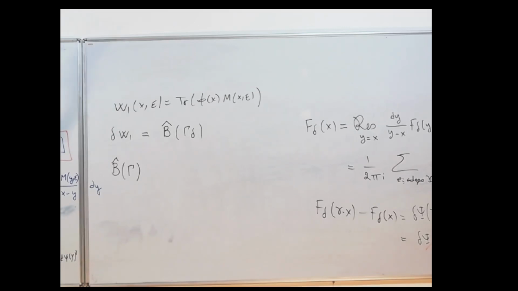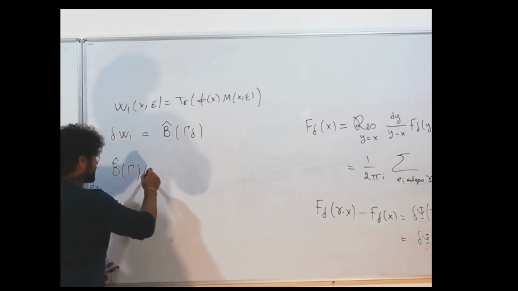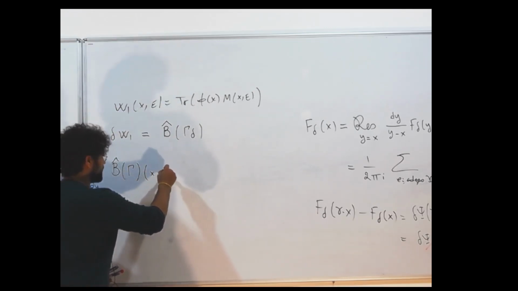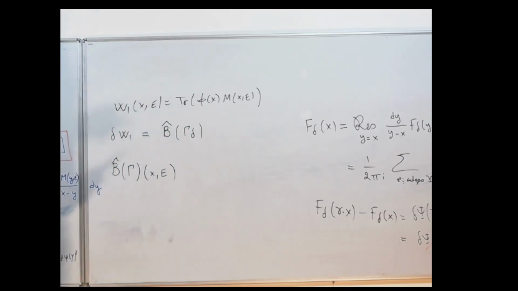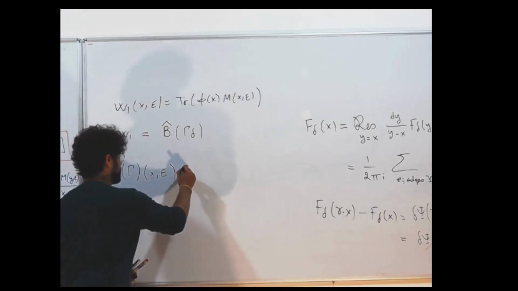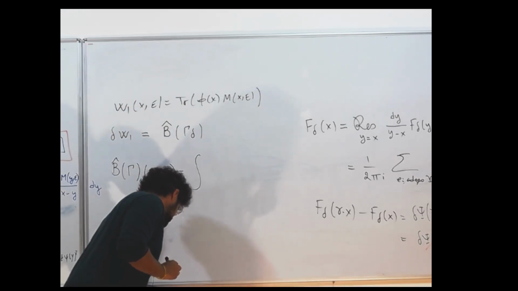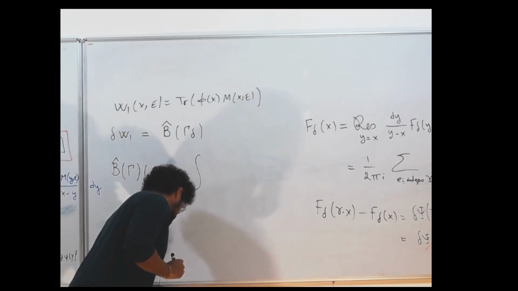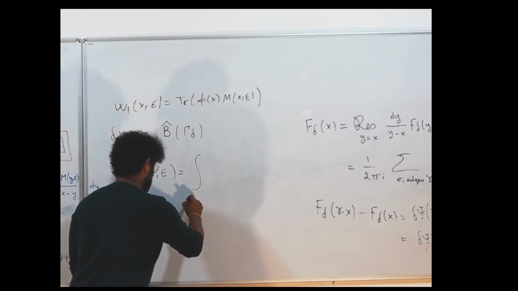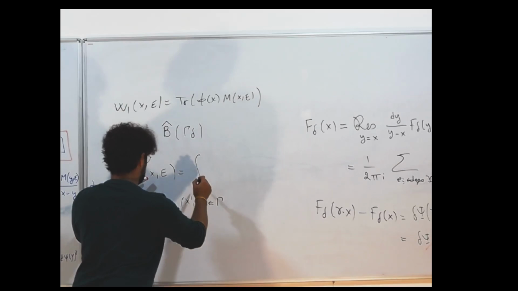And if it's a matrix valued one form of the same type, then it will basically take the same kind of input. And this now takes the form of the integral of x prime e prime inside of gamma, where gamma is this one.